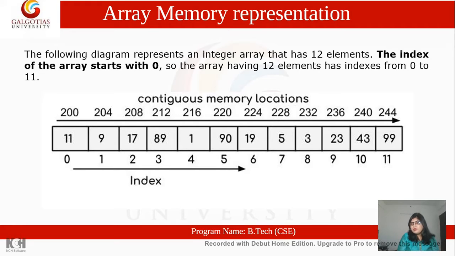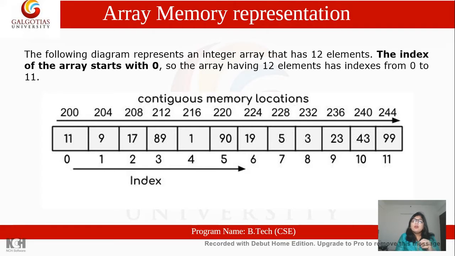The first address is called the base address. Once we know the first address, and if we add the size of the element, which is here 4 bytes, then we can get the memory address of the next element. Likewise, if we add the fixed size length, which is 4 in this case for integer, to the second element, we can reach the address of the third element and so on.